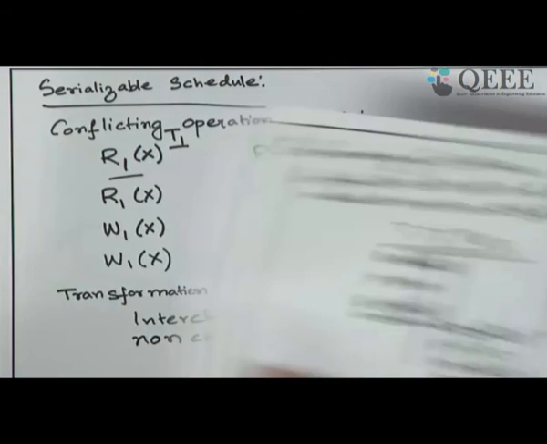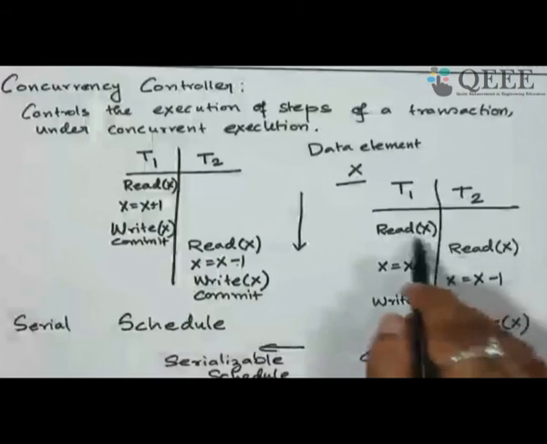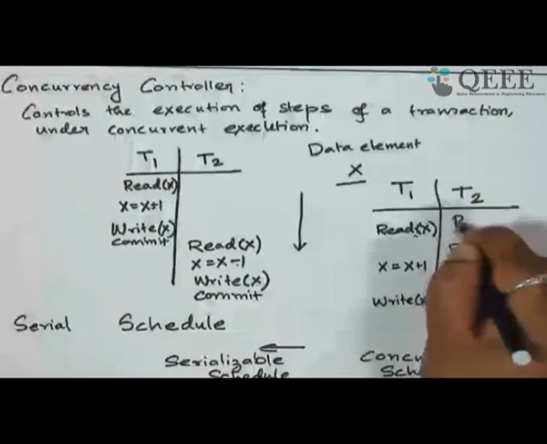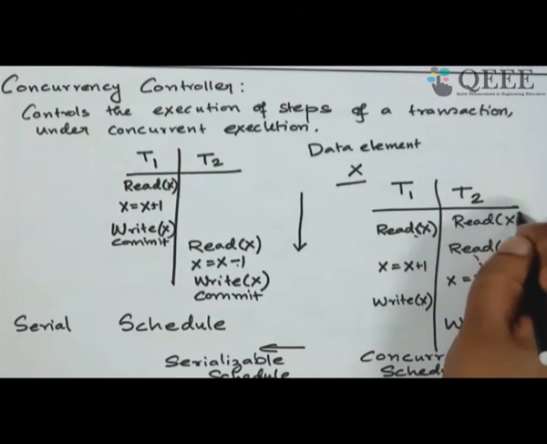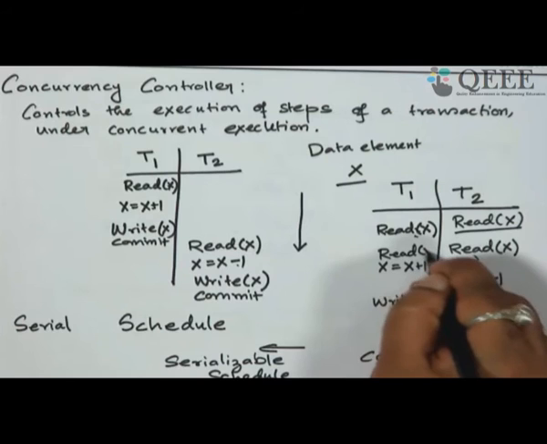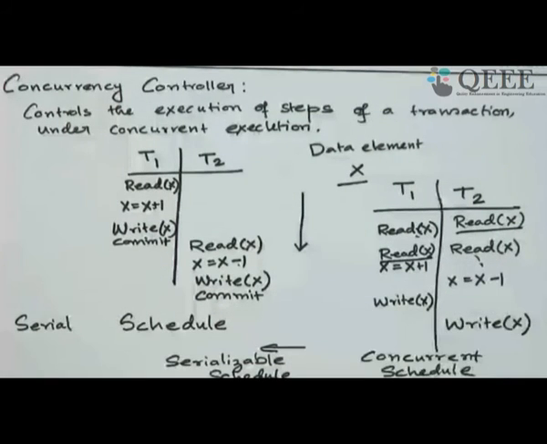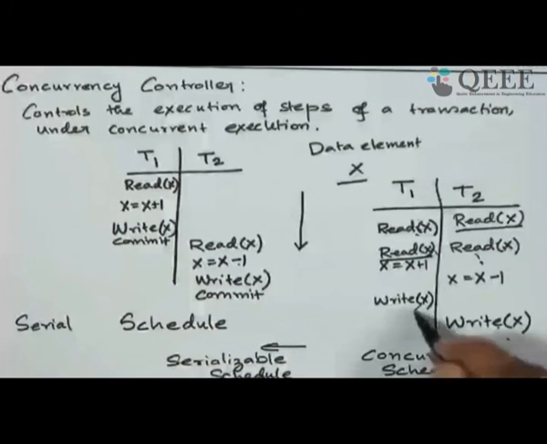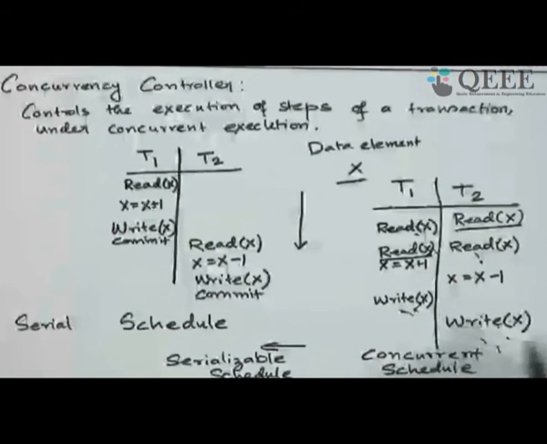For example, here this read I can interchange. I can make this read first and this read next. This transformation I am allowed to make, whereas this read-write I cannot swap, this read-write I cannot swap, this write I cannot swap. So only reads on the same data item are swappable, interchangeable.